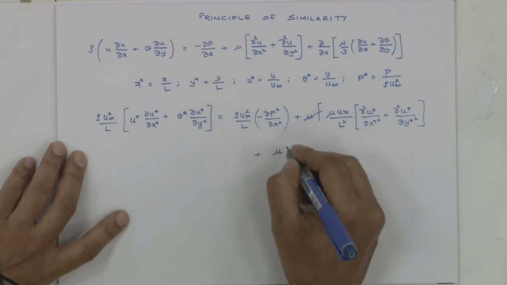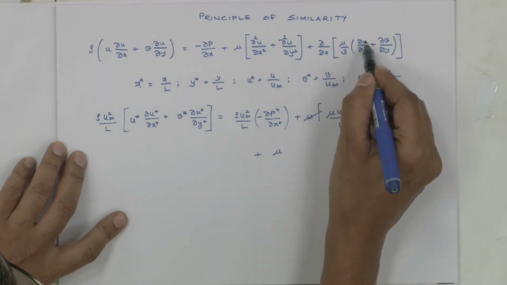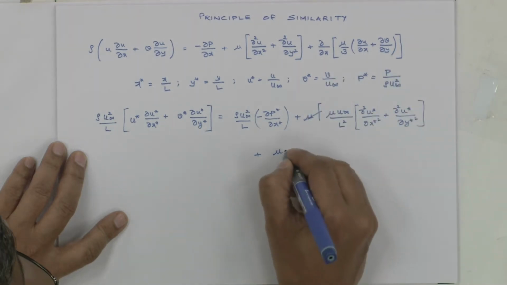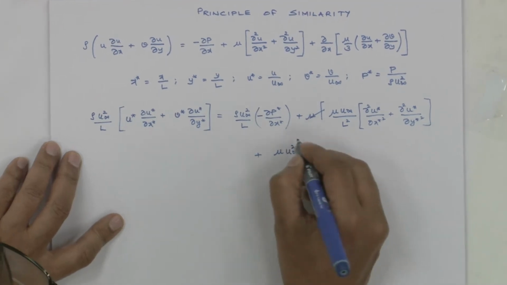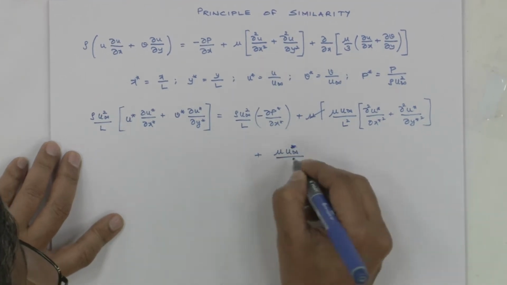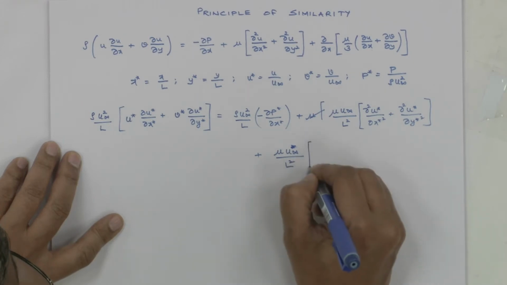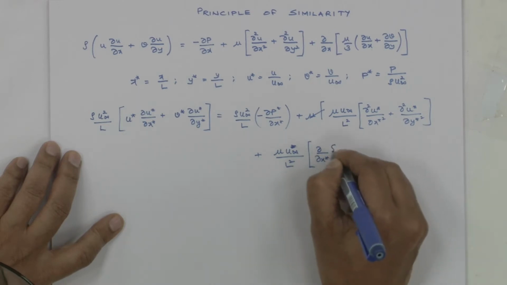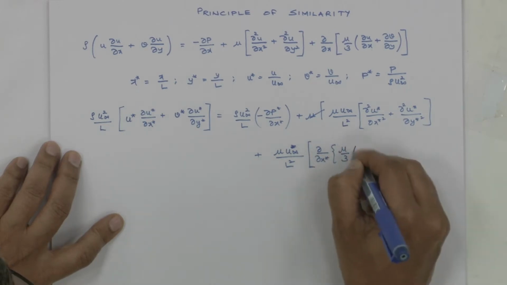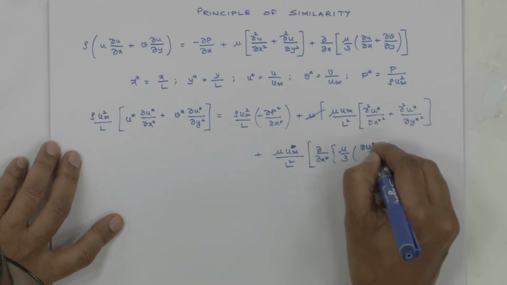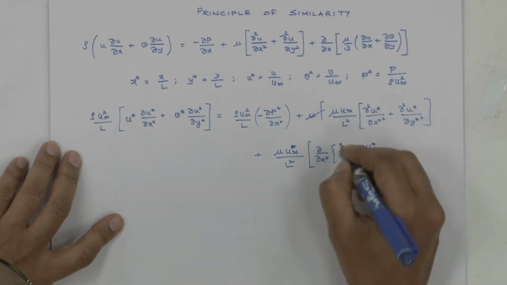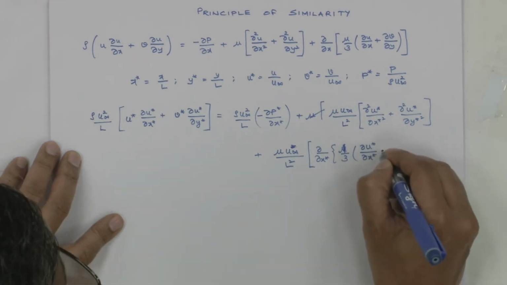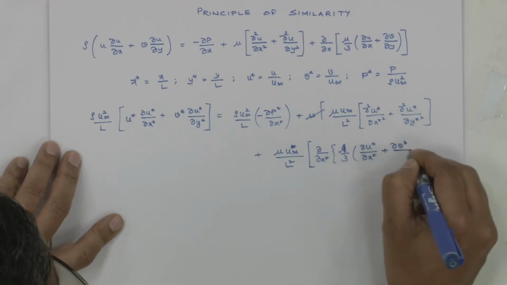So mu, you have u infinity u star upon del x, so you get L squared. So u infinity upon L squared into del by del x star into mu by 3 del u star upon del x star. This mu I have pulled out, so this will be 1 by 3 del u star by del x star plus del v star by del y star.